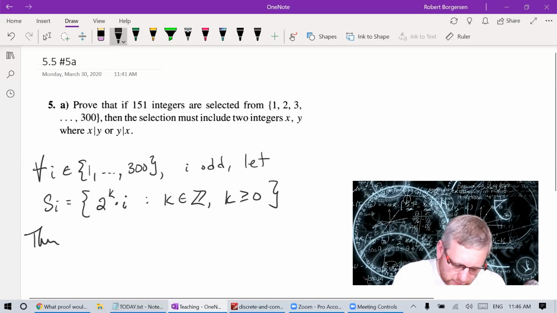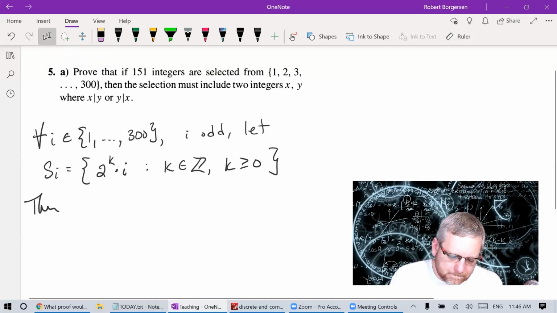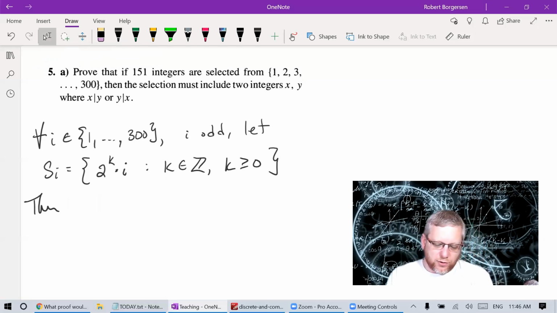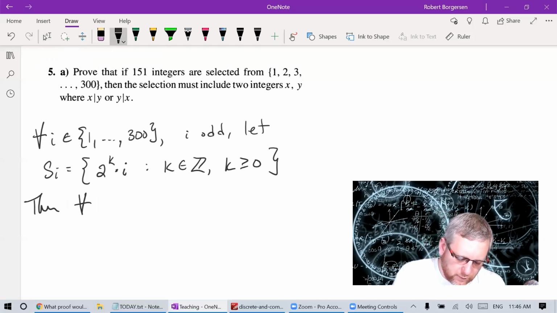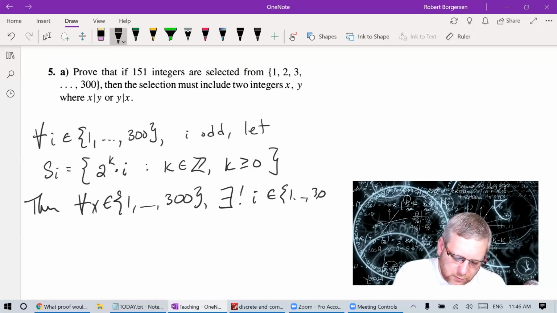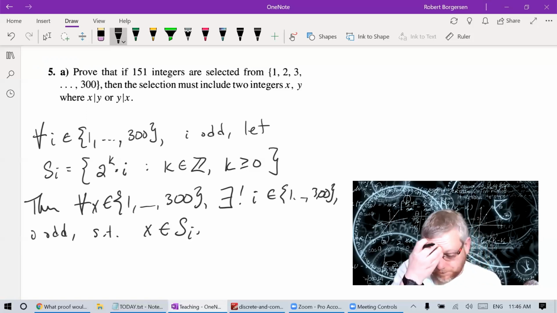What do I want to say now? Every number from 1 to 300, for every x in the set 1 to 300, there exists a unique I in 1 to 300, I odd, such that x is in SI.